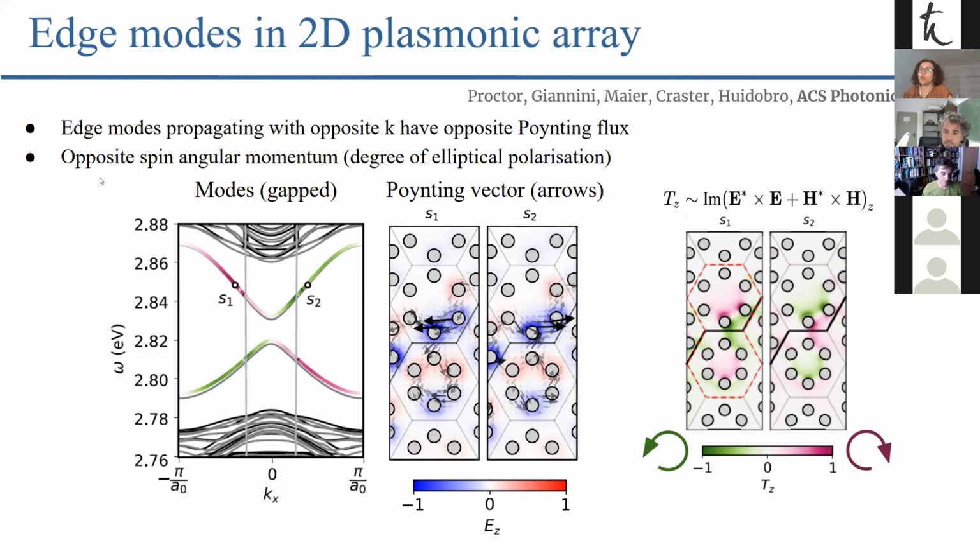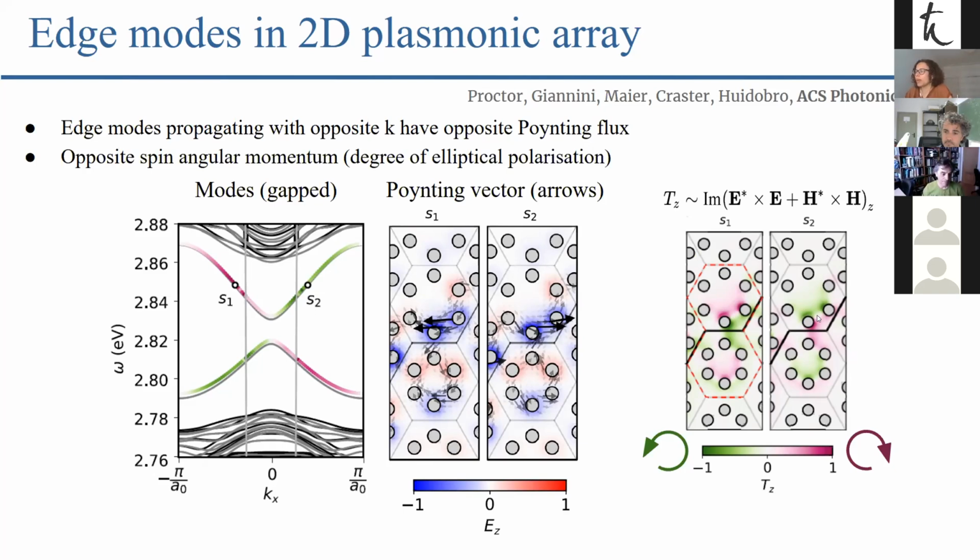On the other hand, if we look at the edge modes propagating in opposite directions, we do find that they have a Poynting flux that propagates in opposite directions. But furthermore, we looked at the electromagnetic spin. So this is the degree of chirality, or the degree of circular polarization. In this case, it corresponds to the magnetic field.